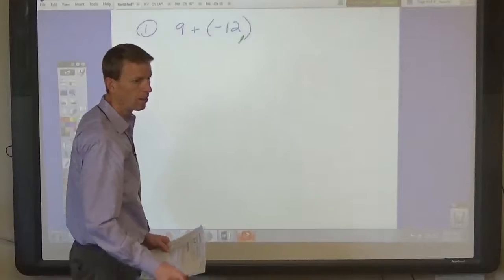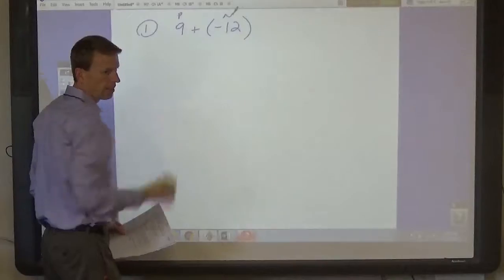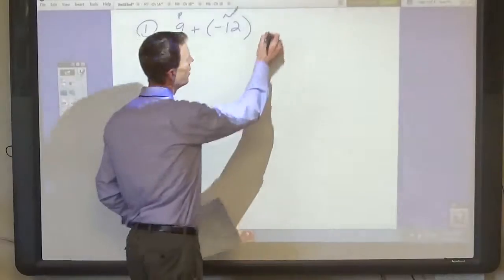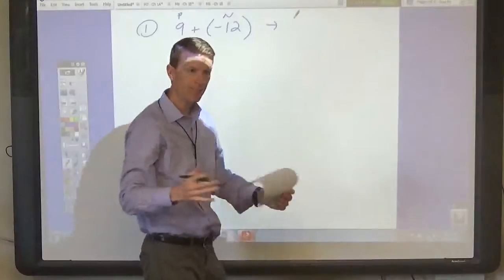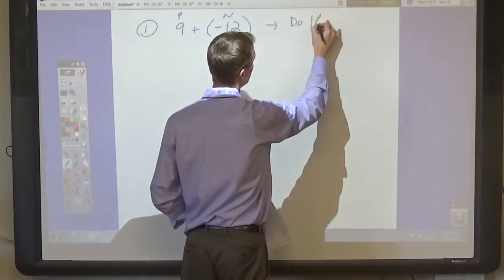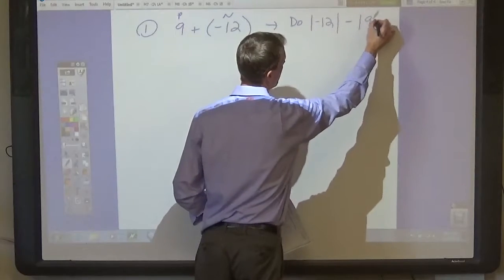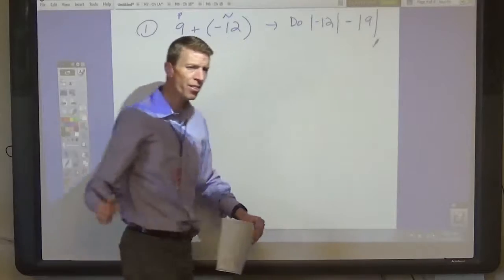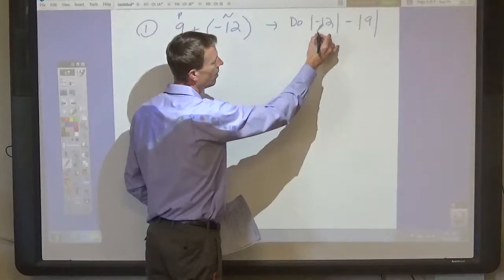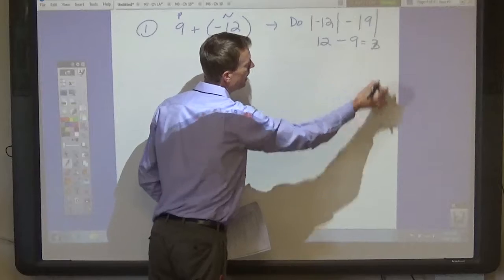They're opposite. One's positive and one's negative. So what we have to do is find the difference of their absolute values. So you'd have to do the absolute value of negative 12 minus the absolute value of 9, or you can think that in your head. The absolute value of negative 12 is 12, minus 9 is 3.